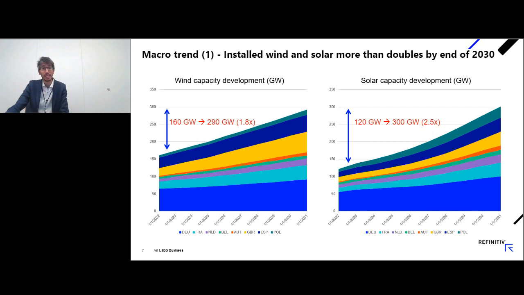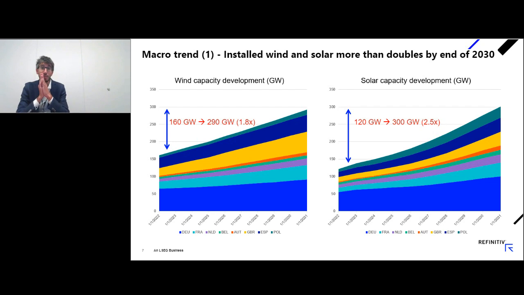we have that the installed wind and solar still more than doubles by the end of 2030. For wind, we go from 160 gigs to 290 gigs in the countries we cover, and for solar, we go from 120 gigs to 300 gigs.